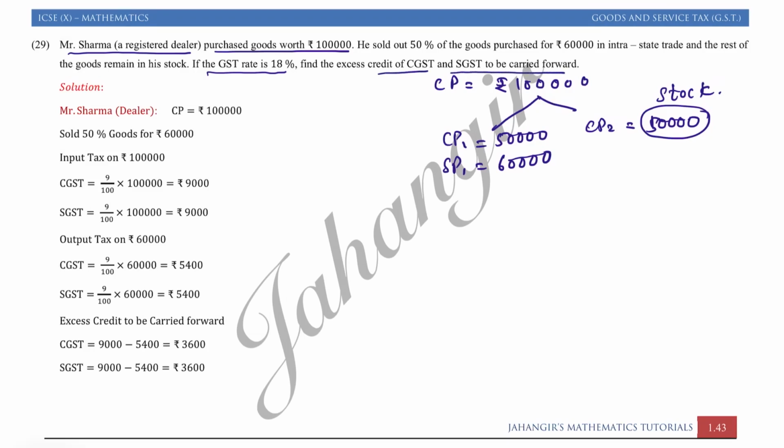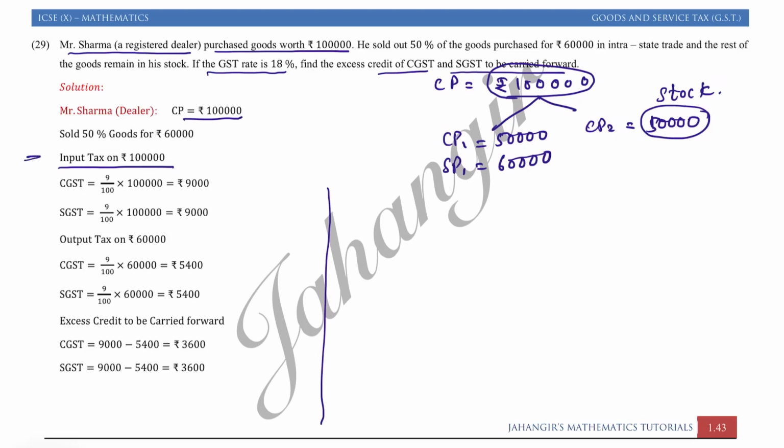See, first what we will do here, first we will find input tax while purchasing, what tax he had paid. Here we can do in two different ways. Okay. So first way is, first find input tax on 1 lakh rupees. It's given here. I will do on right side, I will do a different method. That's a short method. First write CP 1 lakh rupees, and out of that 50% goods was sold for 60,000.